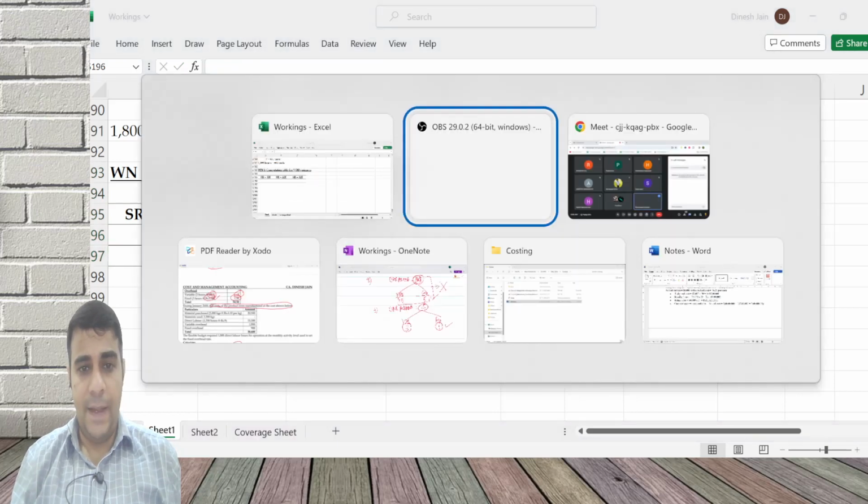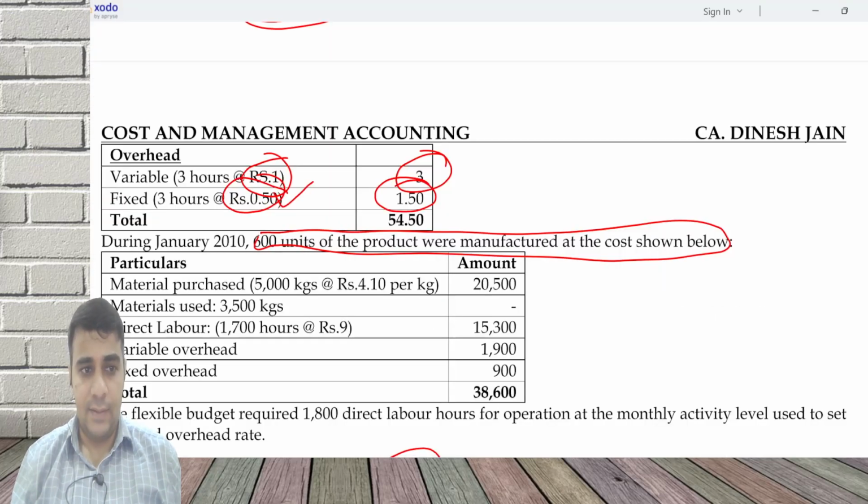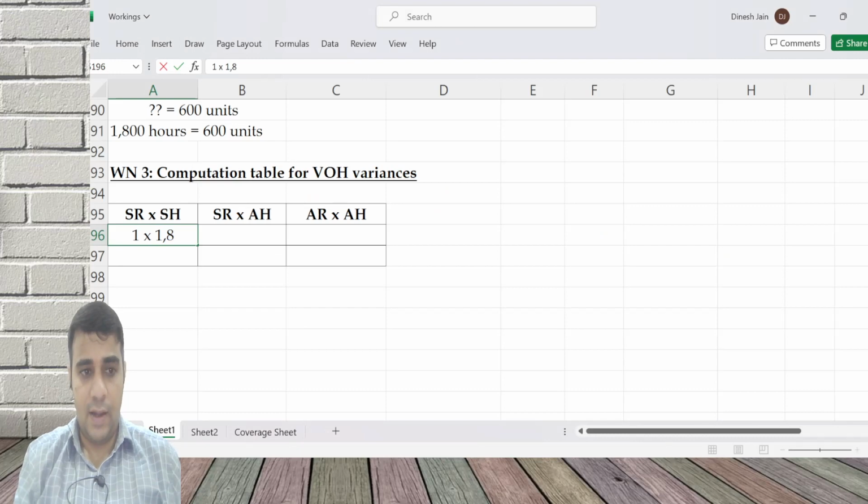I'll be copy pasting SH and AH from there. 1 rupee per hour.